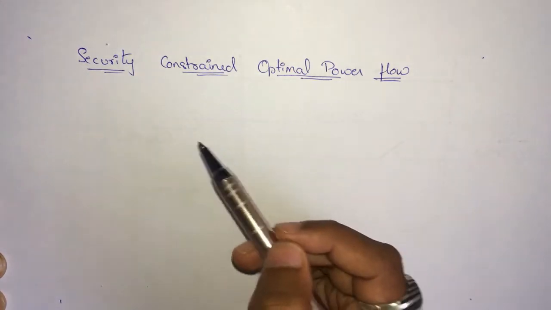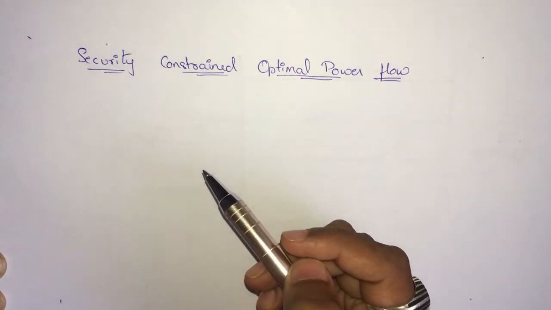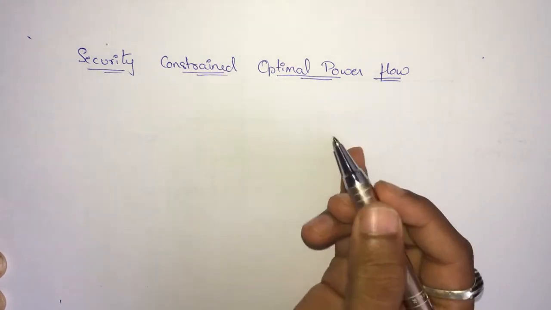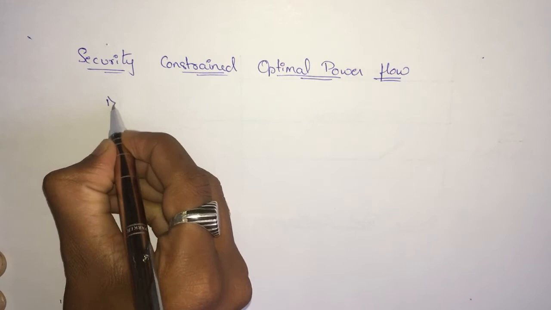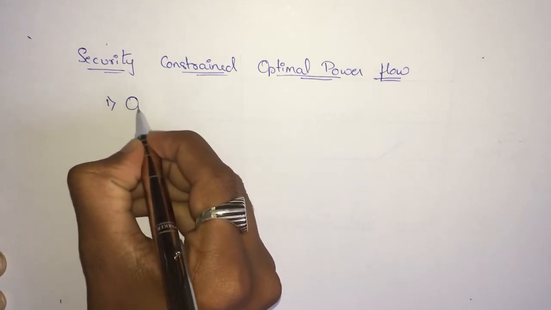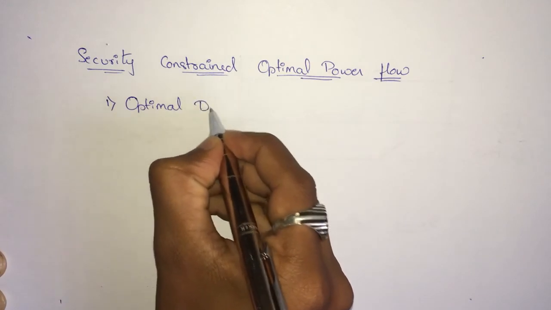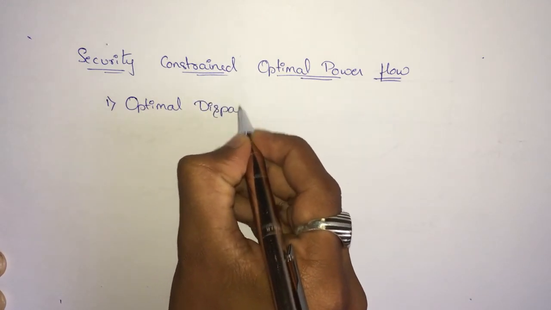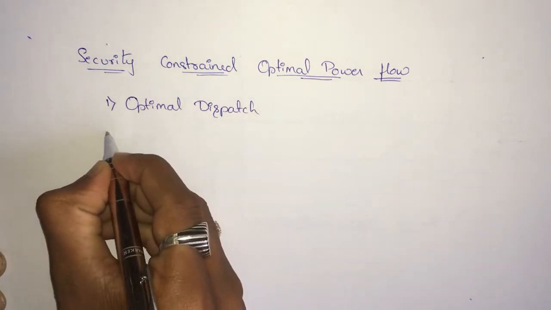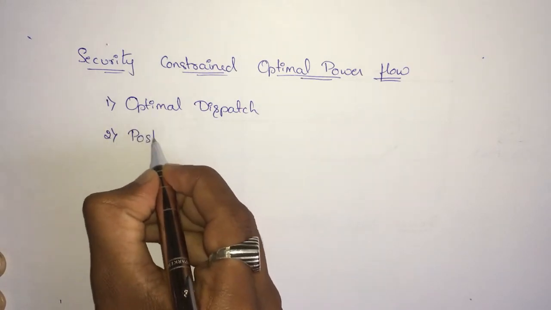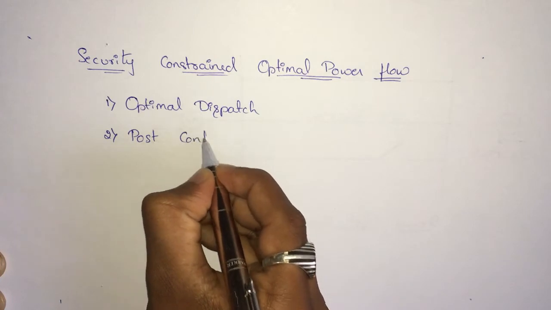To analyze this topic, we are going to divide the security levels into four categories. The first one is optimal dispatch. Second one is post contingency.